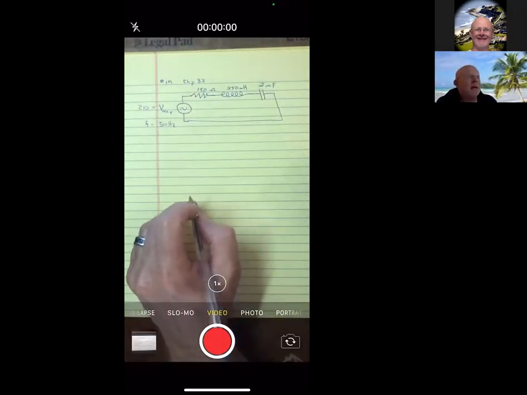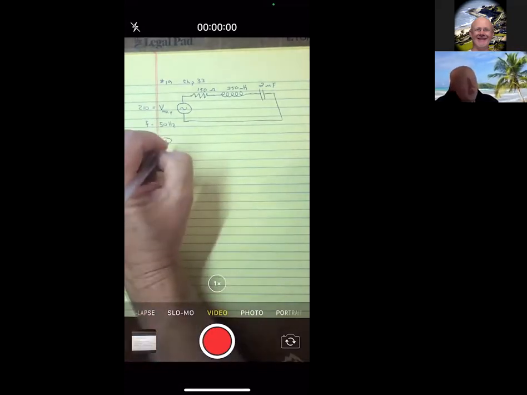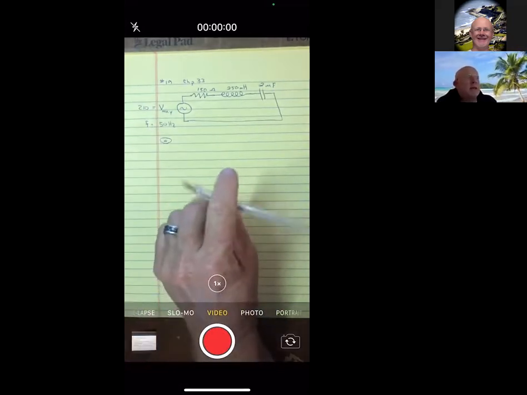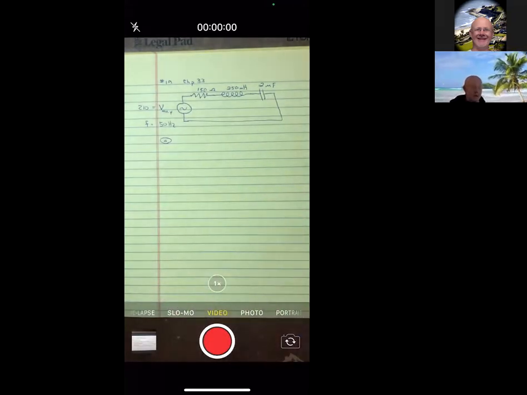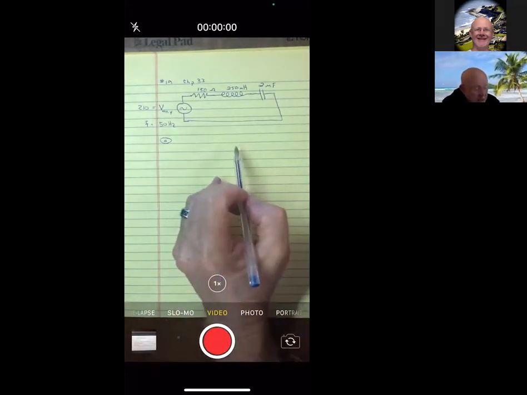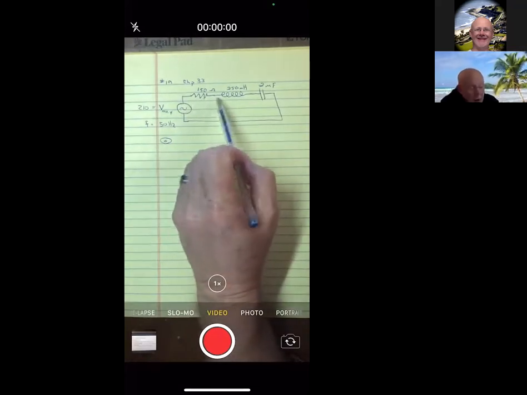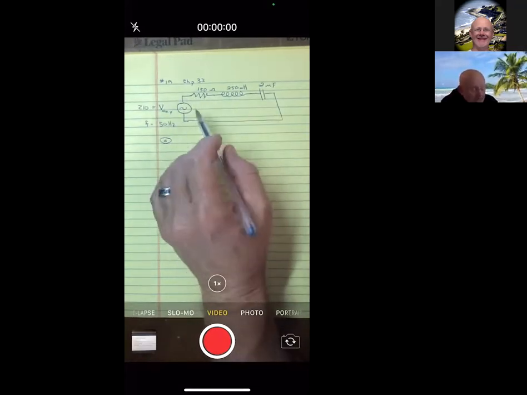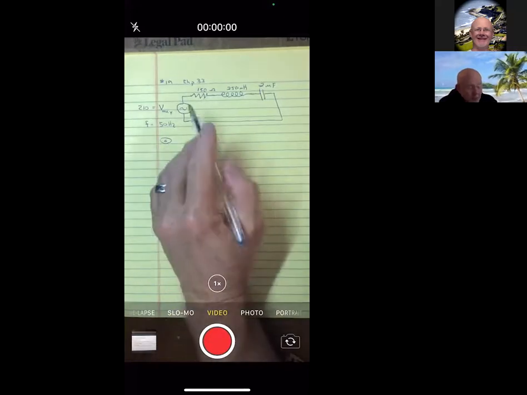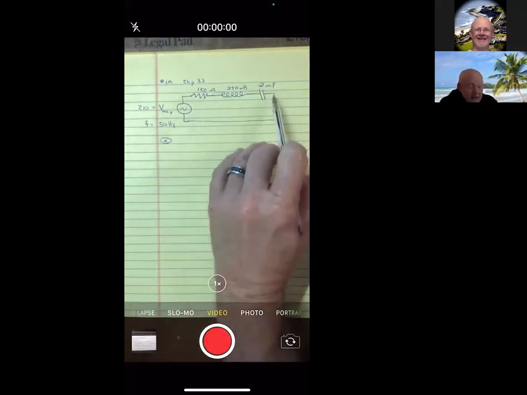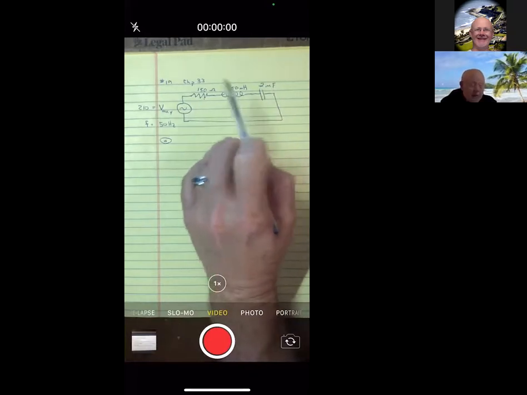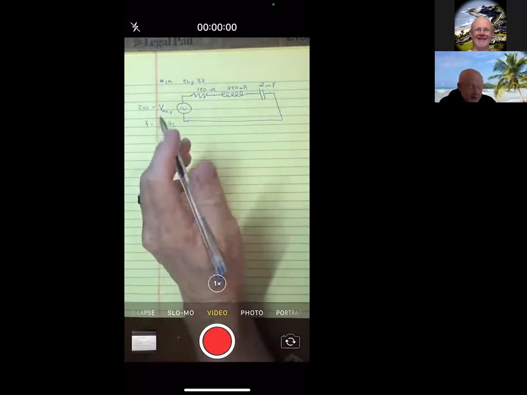Then A says, what is the inductive reactance? Now let me pause right here in case you missed all of this, but all three of these elements oppose the current. Resistors do it by resistance, but capacitors and inductors do it by an electric field.